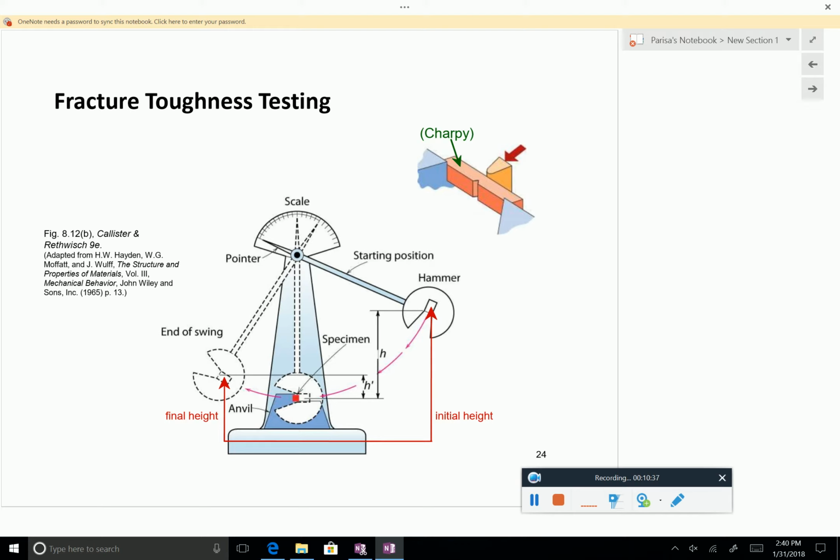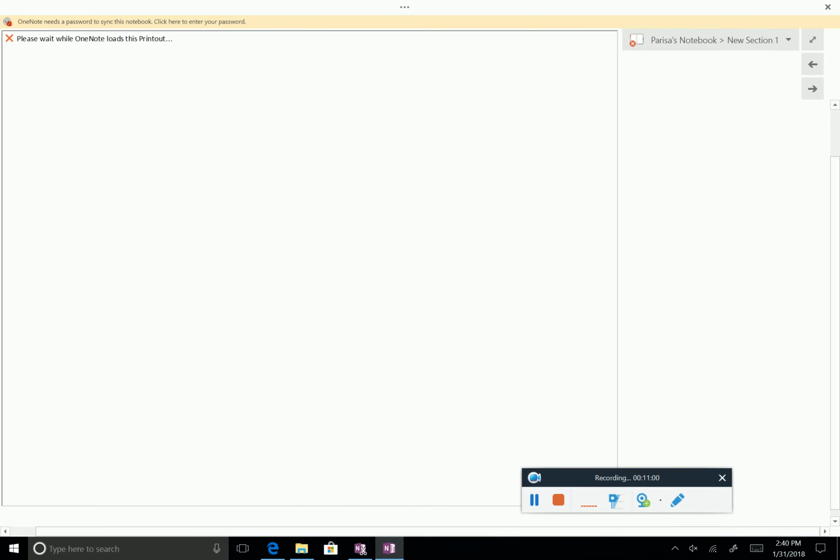From the initial height and the final height, you can calculate how much energy actually was needed to fracture this specimen. It's called Charpy. It's after someone. And then this gives you the fracture toughness, the plane strain one. So there is a way to measure it.